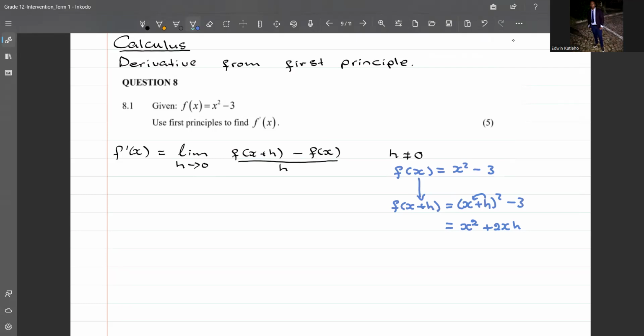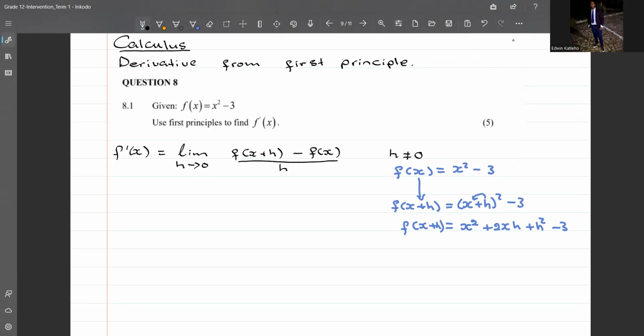And then lastly, square h, which is plus h squared, and then minus 3. Now, we have our two main equations that we need in our calculation of the derivative.